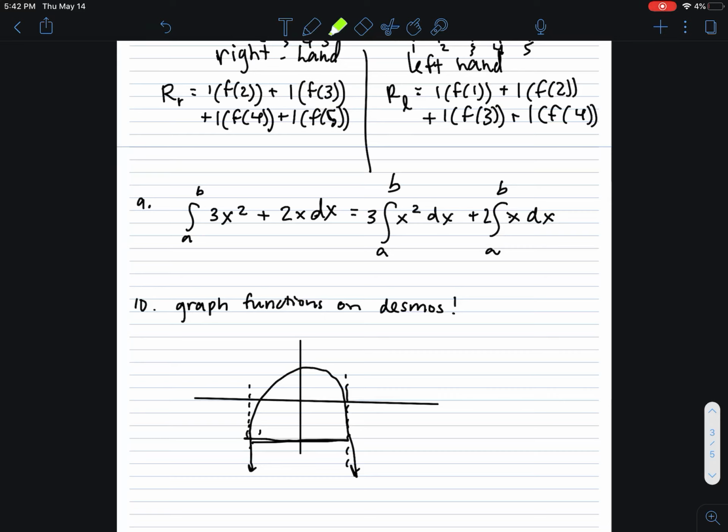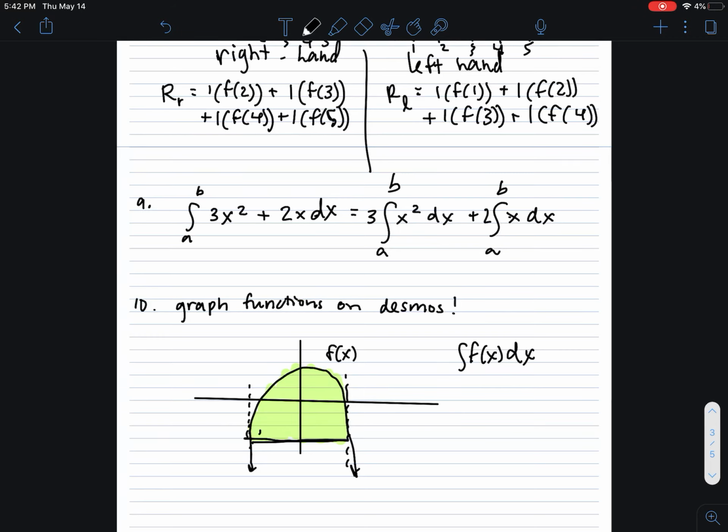I want to know this whole area, right? That's the integral under this guy, say this is f of x, then the integral of f of x dx is equal to the area of this guy.